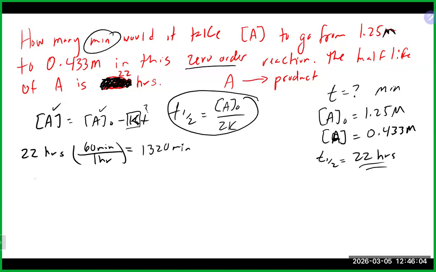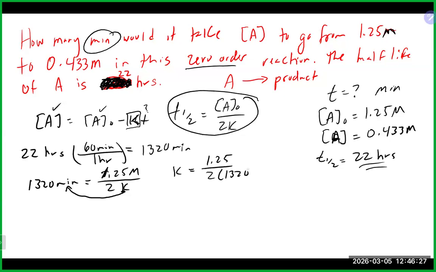So I'm going to go 1,320 minutes equals my initial concentration 1.25 divided by 2 times K. Basically, these two guys will swap places, and K will equal 1.25 divided by 2 times 1,320.